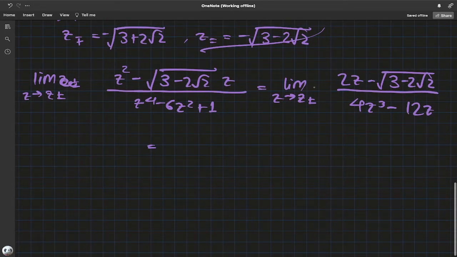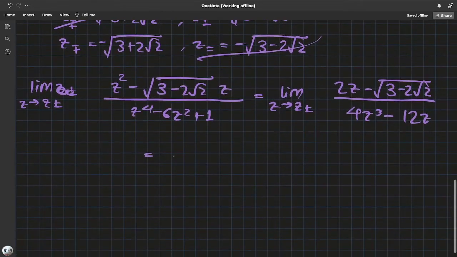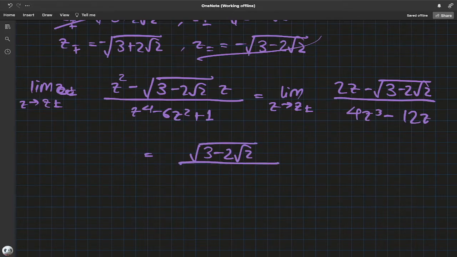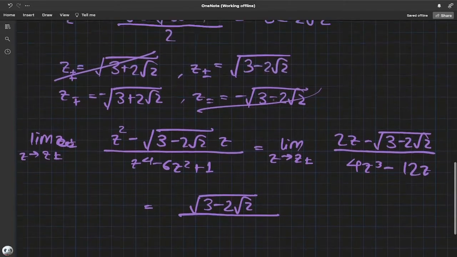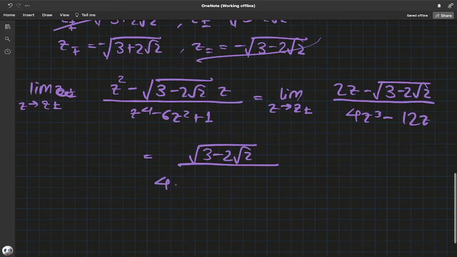So 2 times this guy minus that same guy is 1 times that guy, divided by, we can take a 4z out and then take the limit. So 4 times z plus minus, which is 4 times square root 3 minus 2 root 2, and then since we took a 4z out common, we're left with z squared minus 3. Z squared is basically this thing squared, so 3 minus 2 root 2 minus 3.